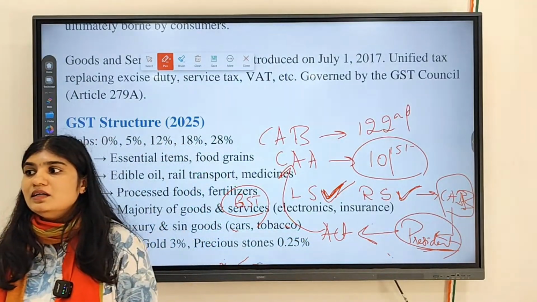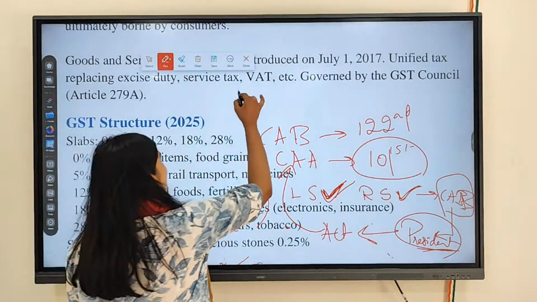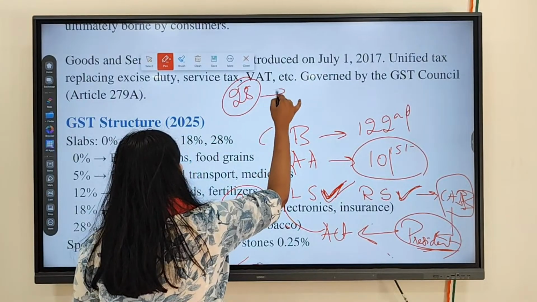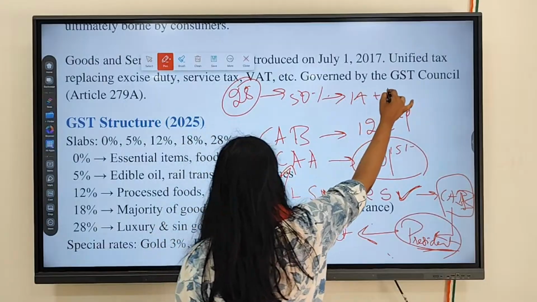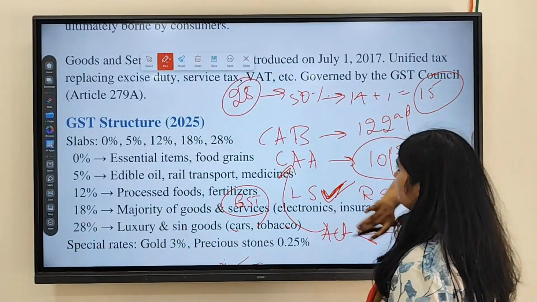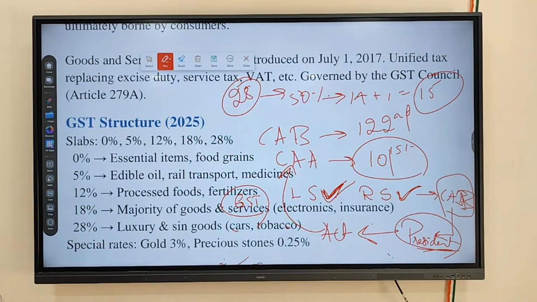Along with this, more than 50% of the states. More than 50% means how many states are there in India? More than 50% means 14 plus 1. It is 15. A minimum of 15 states agreed to implement this GST. Understood?